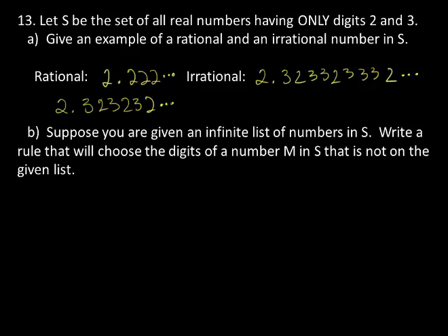Part B, suppose you are given an infinite list of numbers in S. Write a rule that will choose the digits of a number M in S that is not on the list. Okay, well, I have to make it in S, so I can only use digits 2 and 3. So here's my rule.